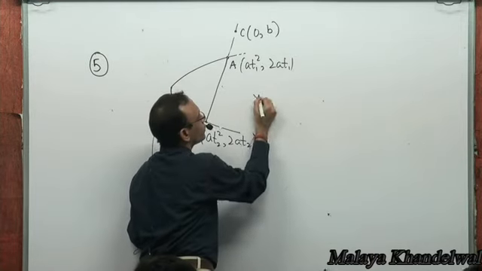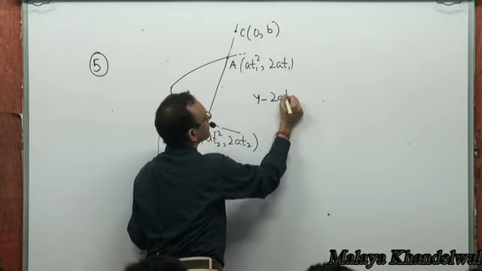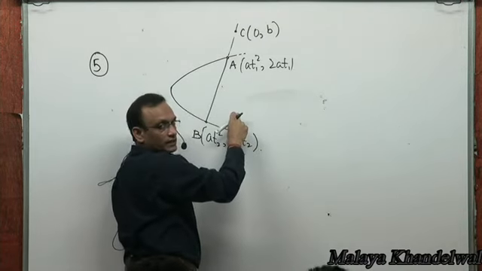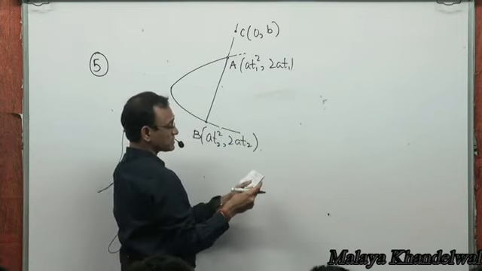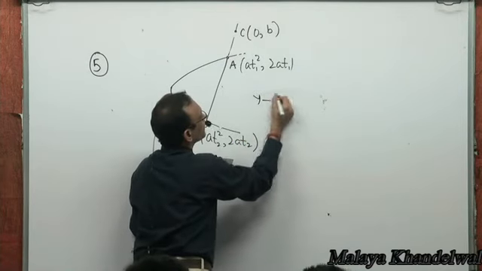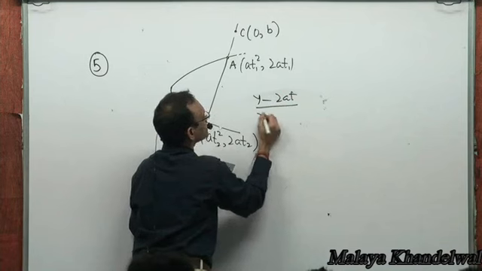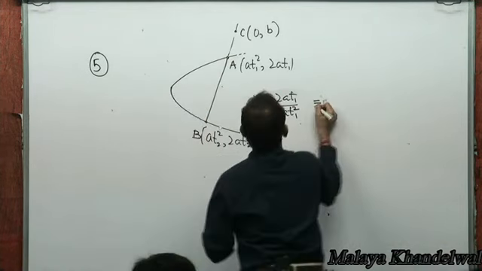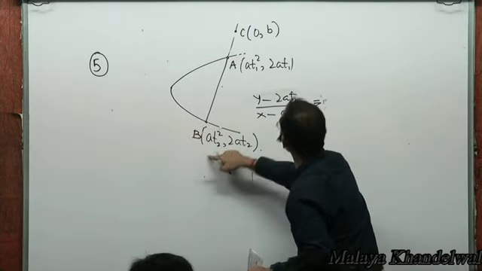So I have y minus 2at1, or rather the slope of this line is what? In this case, y minus 2at1 by x minus at1 squared is slope of this line, y2 minus y1 by x2 minus x1.